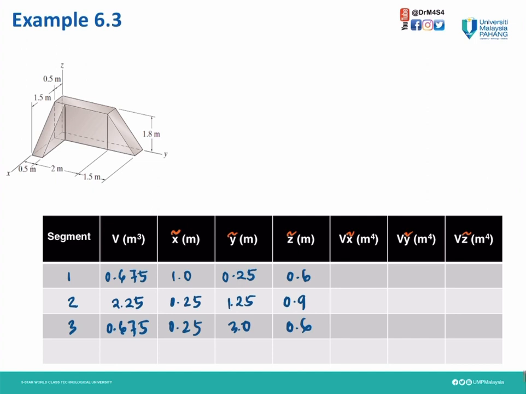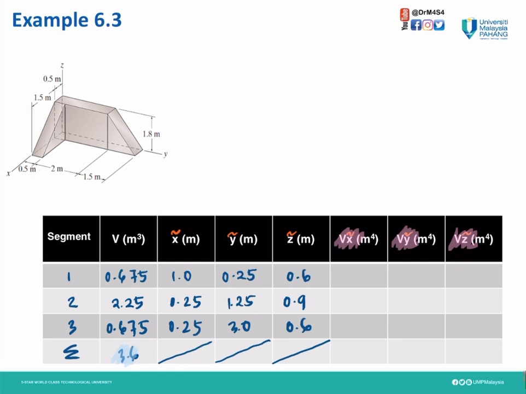Previously, we calculated our volume, our x bar, our y bar, and z bar for each segment. Then we sum up the total volume. So we get 3.6. Then we need to fill in the values for V times x bar, V times y bar, and V times z bar.